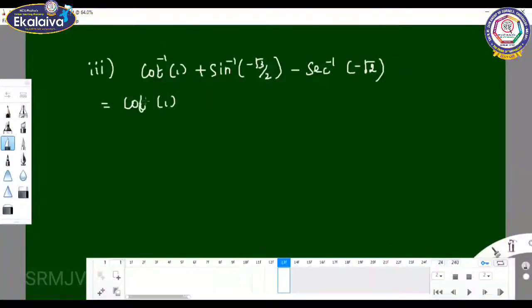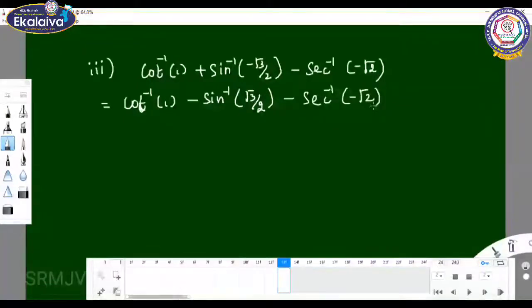Sine inverse of minus means minus sine inverse of root 3 by 2. But secant is nothing but what? Secant theta is the reciprocal of cos. So you can write as it is, minus secant inverse of minus root 2.